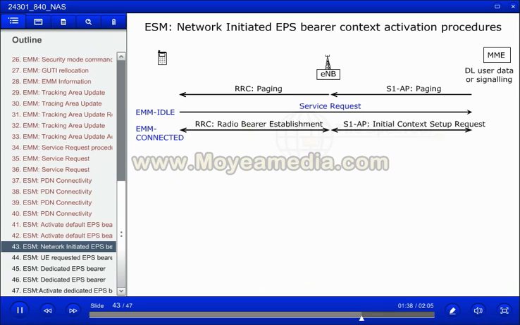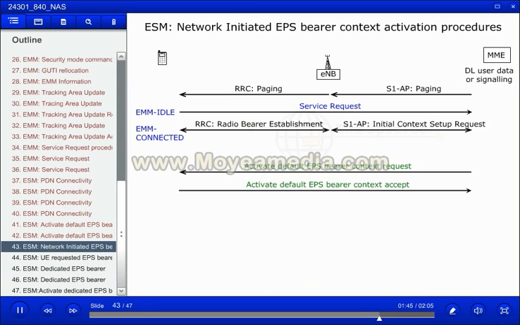If the quality of service of the default bearer is enough for the downlink pending data, which is about to be transmitted, it will be activated with the activate default EPS bearer context request.